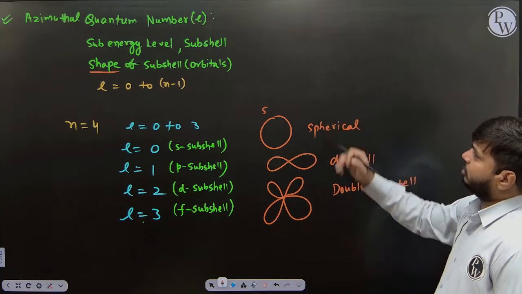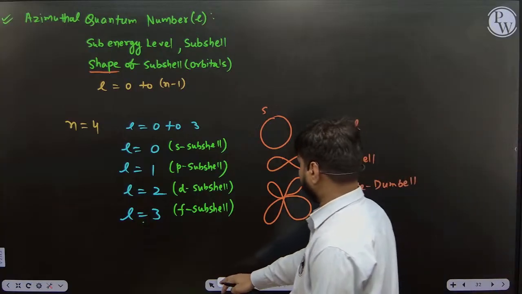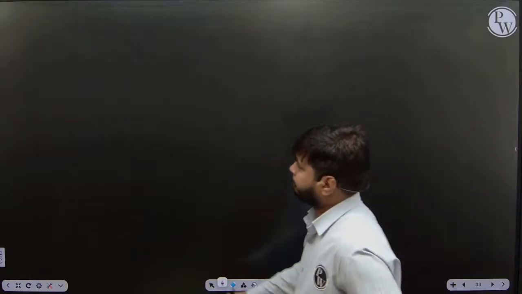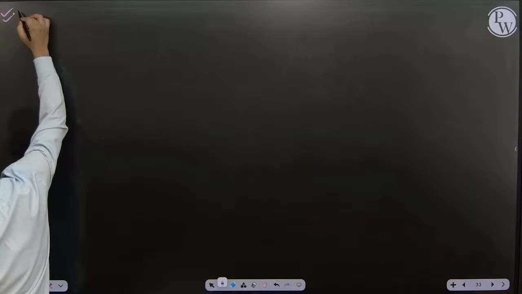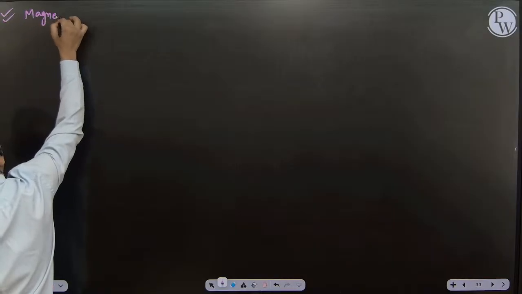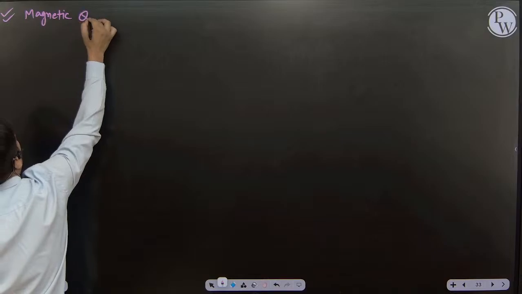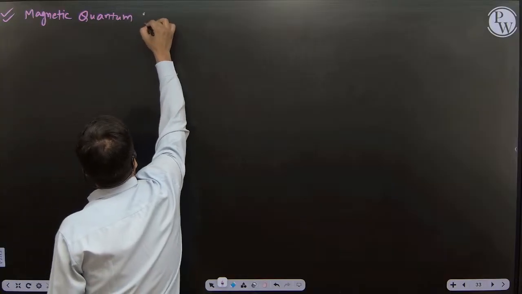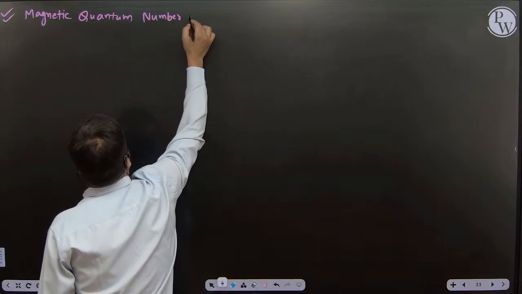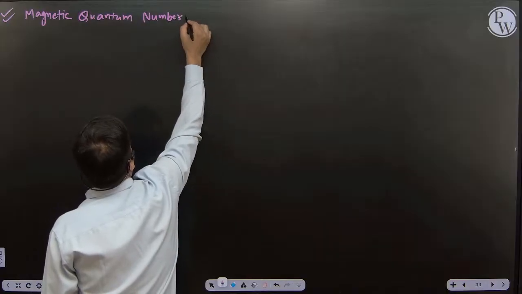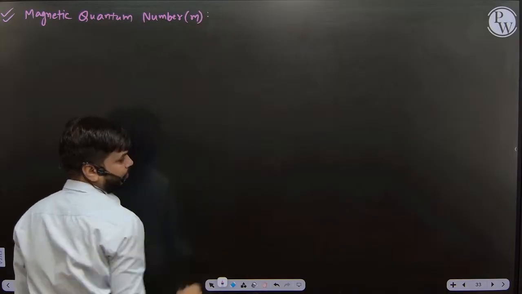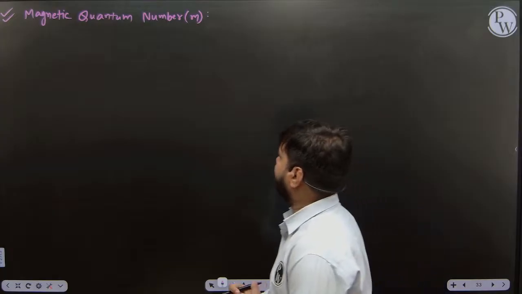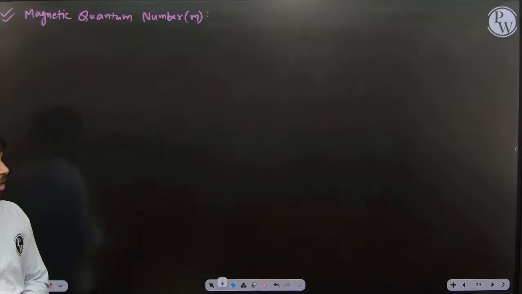So let's talk about the next quantum number which we are going to discuss, the magnetic quantum number, which is represented by small m.